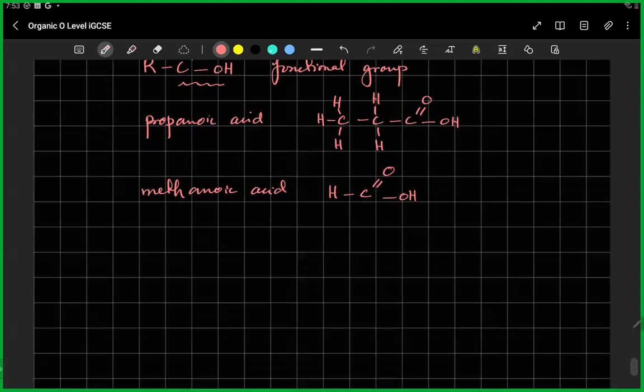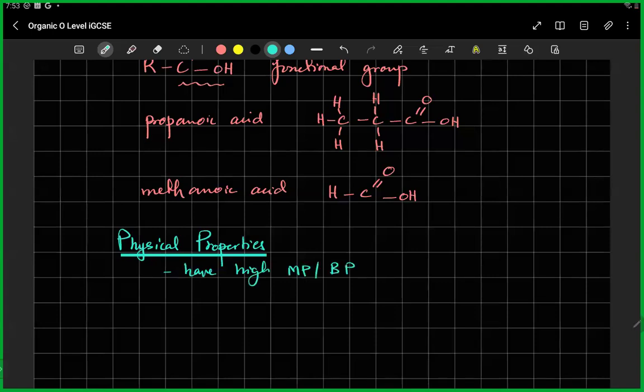Carboxylic acid की जो physical properties हैं, they have high melting and boiling points. अच्छा, तो एक तो ये हो गया. तो उसकी वजह से most of them are volatile liquids, या simply liquids कह रहा हूँ, ठीक है?